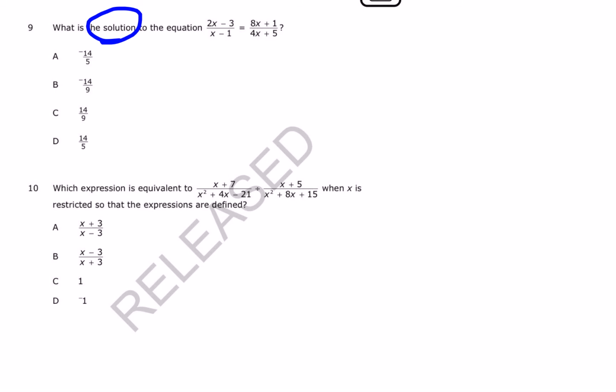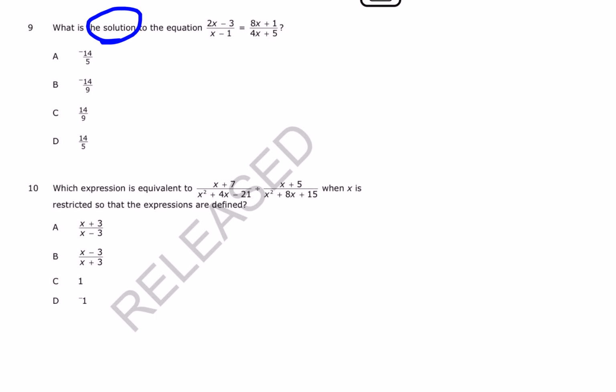So for a rational equation, you basically, as before, want your denominators to be the same. So since this denominator has x minus 1 on the left side, I want it to be x minus 1 on the right side. Since this denominator has 4x plus 5 on the right side, I want 4x plus 5 on the left side.